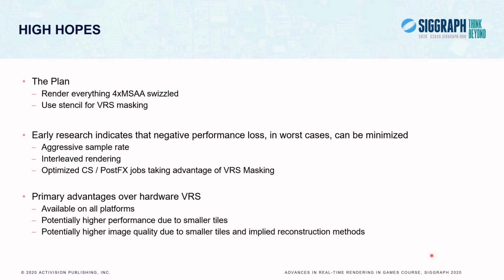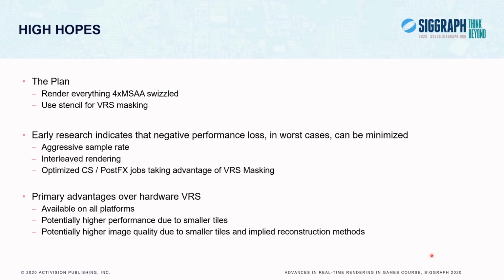Our early research indicated that the negative performance loss that we noticed from MSAA could be minimized by aggressive sample rate changes, interleaved rendering, and optimized compute jobs and post-effects jobs that would take advantage of VRS masking. So the primary advantage over hardware variable rate shading would be that this implementation will be available on all platforms, including current generation consoles.